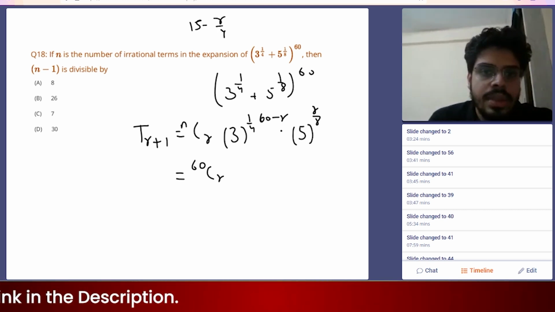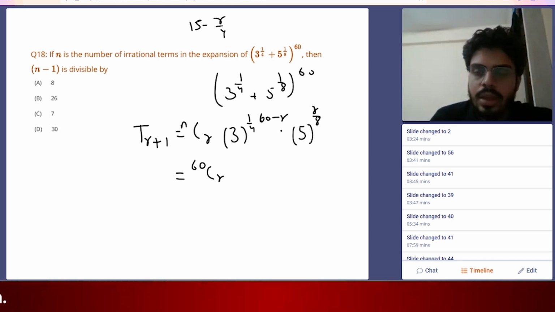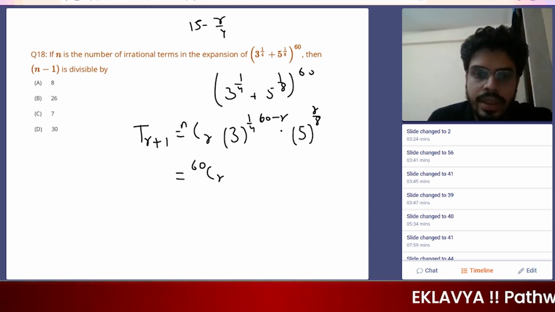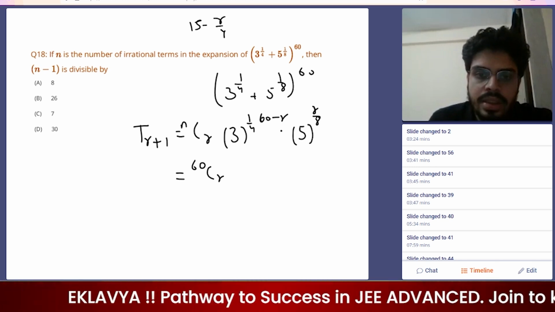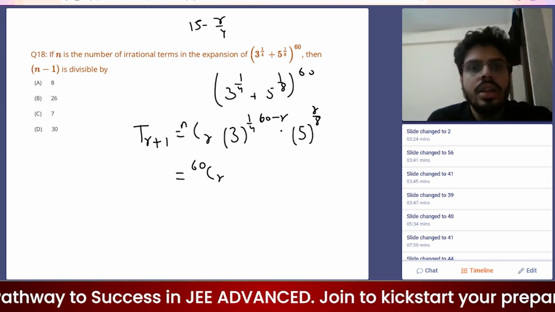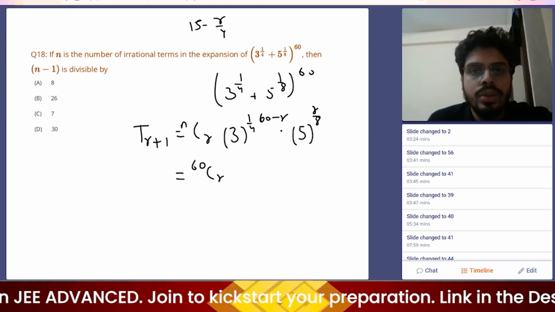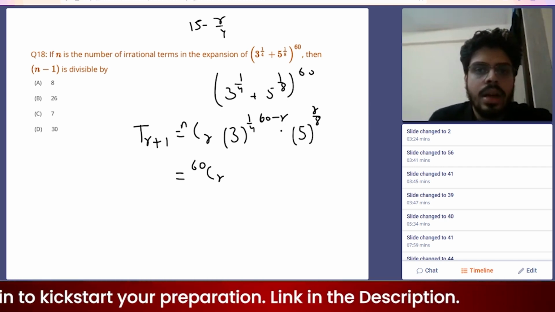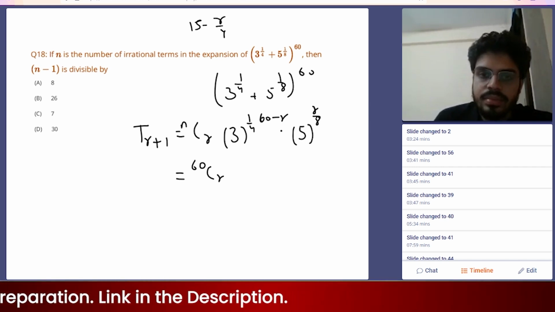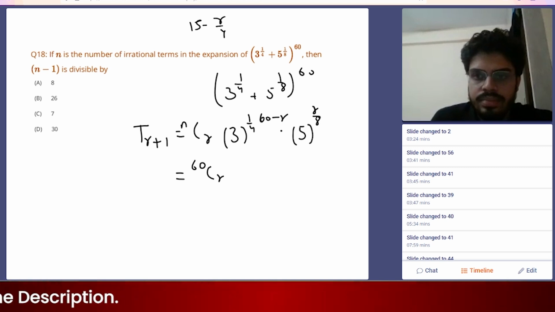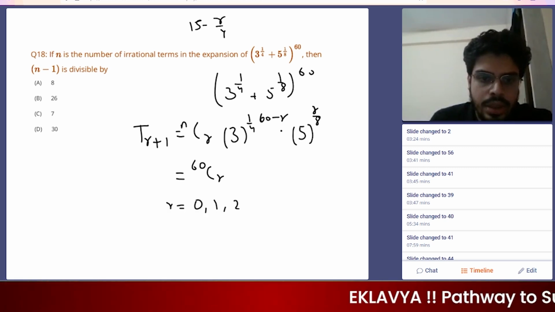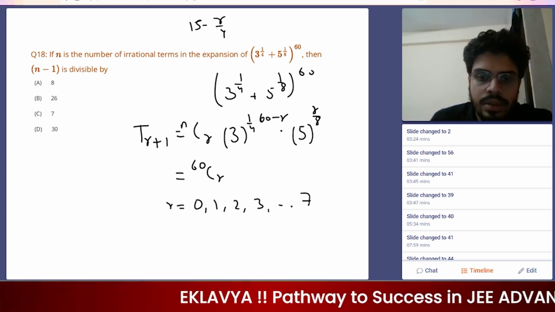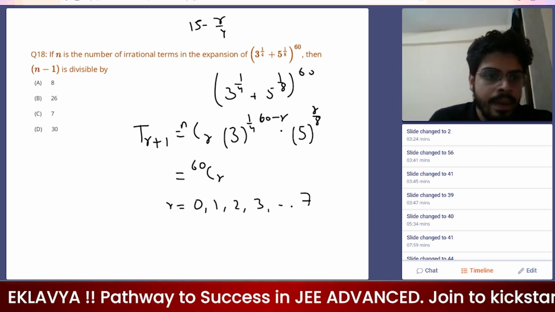Whatever number is divisible by 8 will also be divisible by 4, so I don't have to worry about the 3 term. I have to worry about this 5 to the power r by 8. So when r goes from 0 to 60, how many values are divisible by 8? r is equal to 0, 8, 16, up to 56, so total 8 terms.